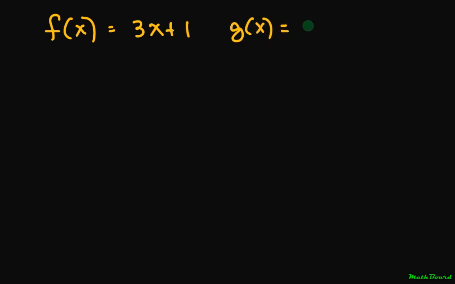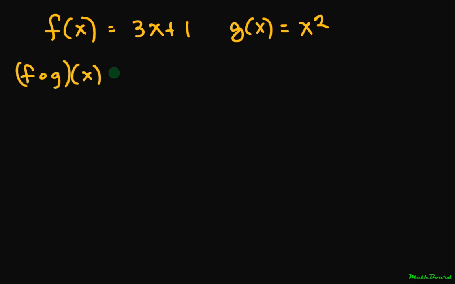How about function composition? Let's say we have f of x equals 3x plus 1 and g of x equals x squared. So find the value of f circle g of x.